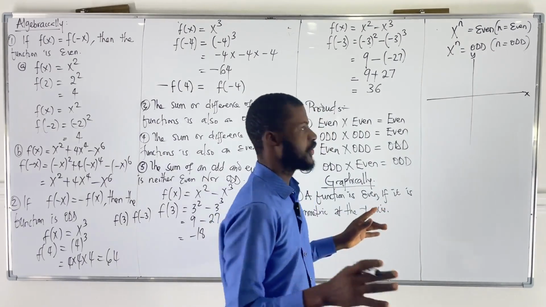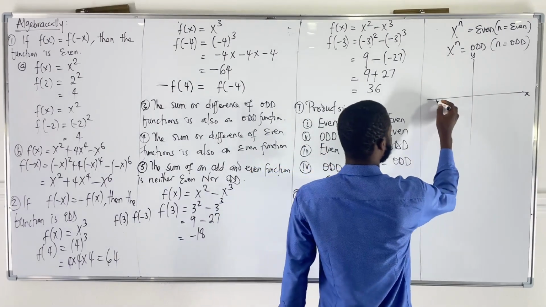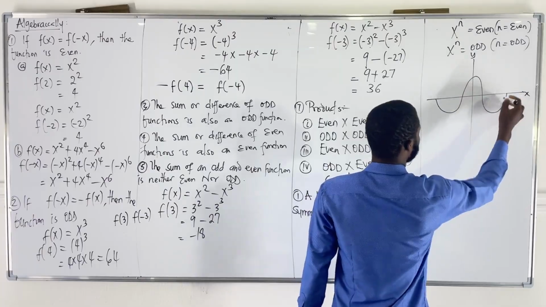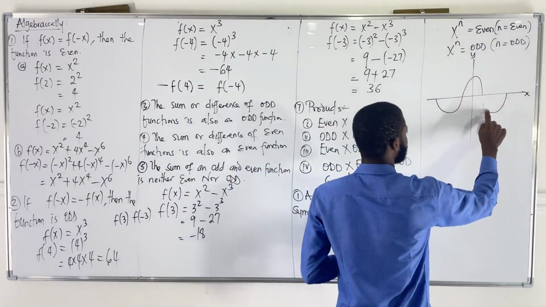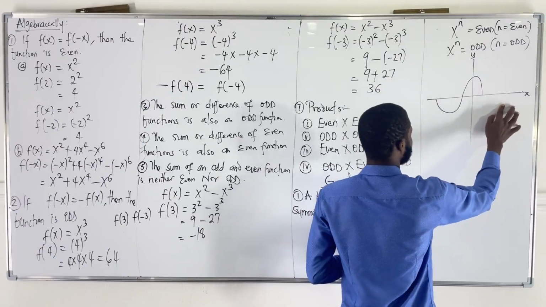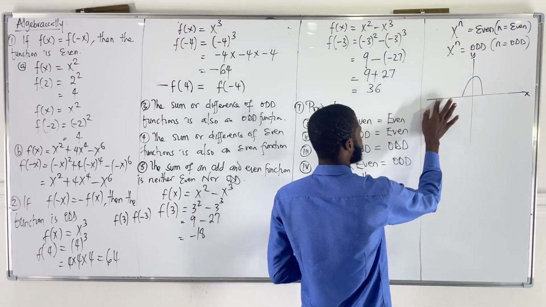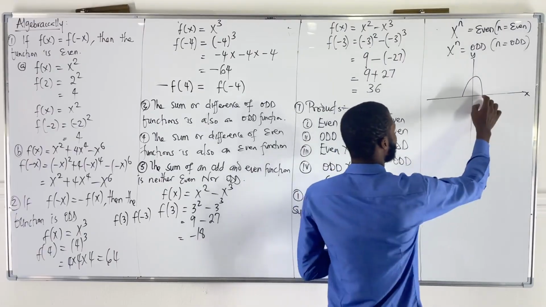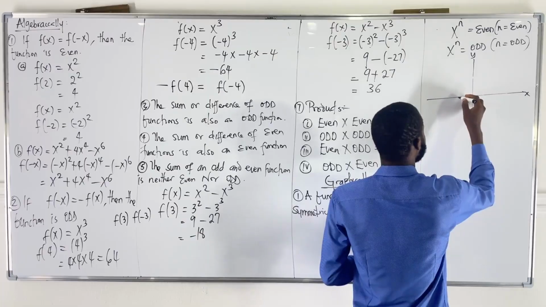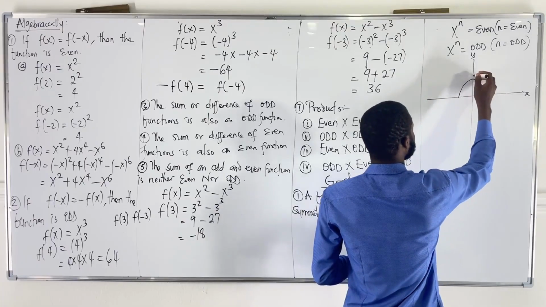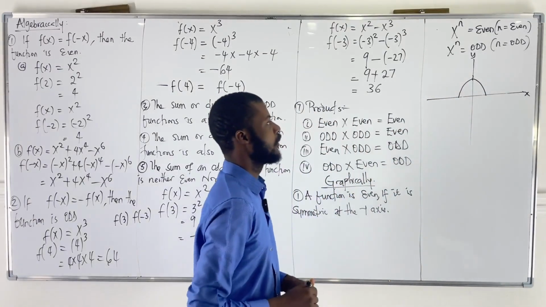If I have a function that looks like this, for example, let me first of all wipe this part out so that it wouldn't start confusing you. Now, if I draw this very well, hold on. So let's say I have something like this. Now, if I draw this very well, what would you notice?